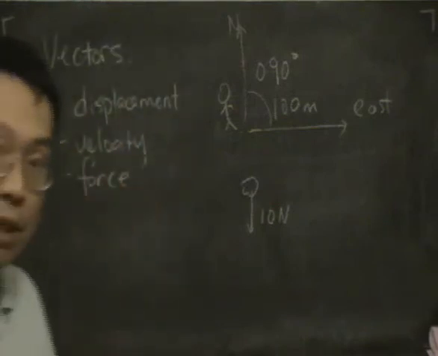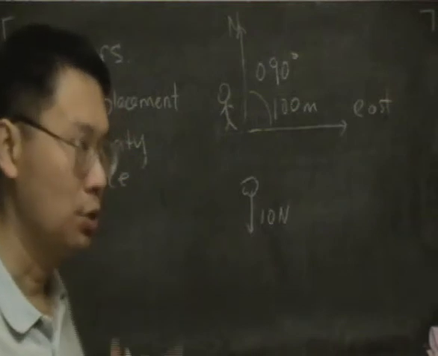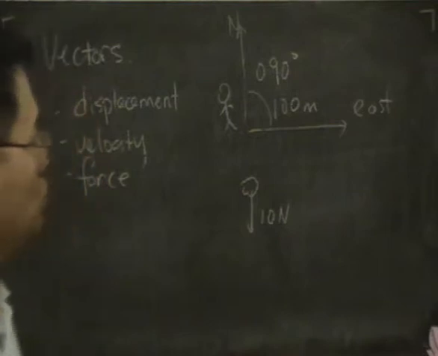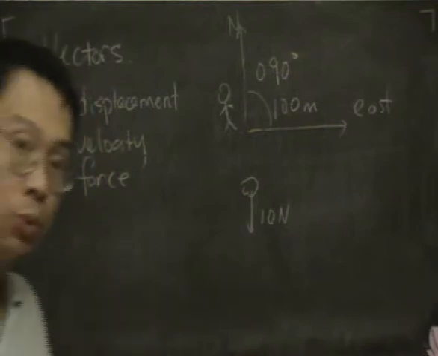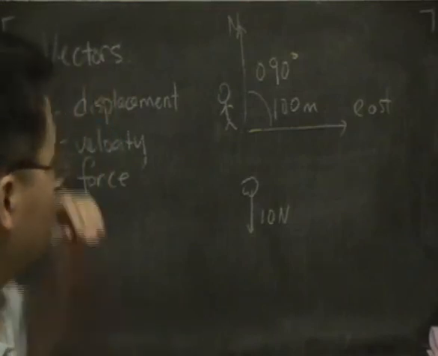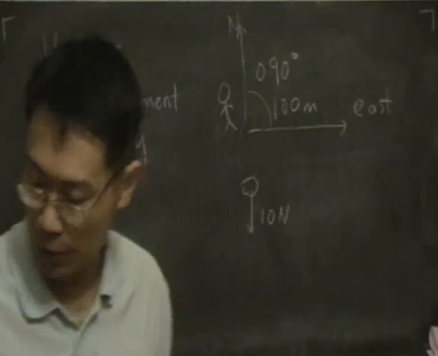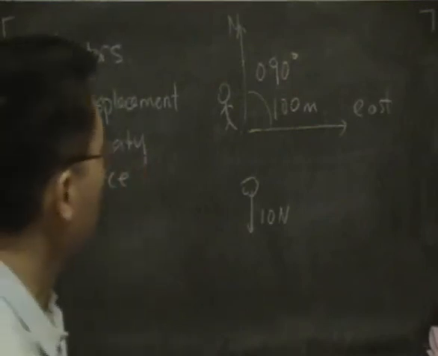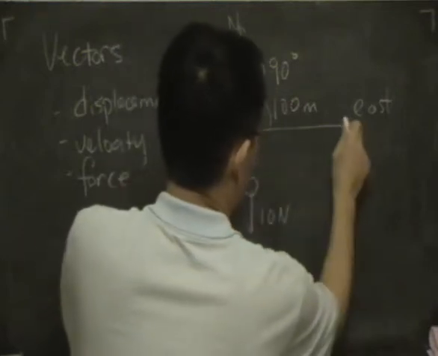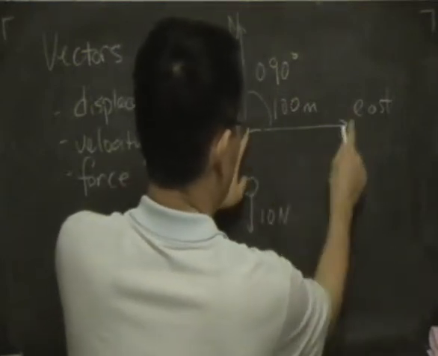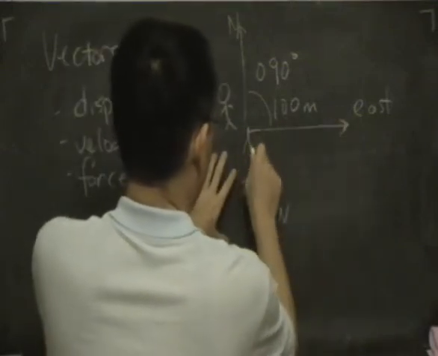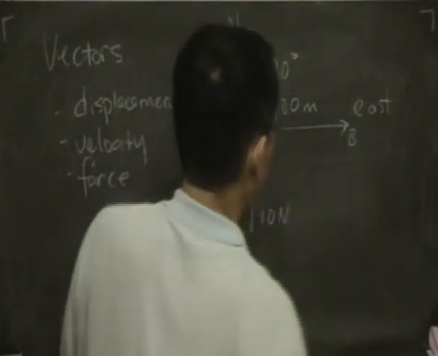Now in mathematics, in order to help us use these vectors for calculations, what we would often do is that we would use some notations to represent these vectors. So for example, if I look at this displacement vector, I might think about it as this arrow, which has a certain length and direction, and I might call the two ends of the arrow A and B. Right?